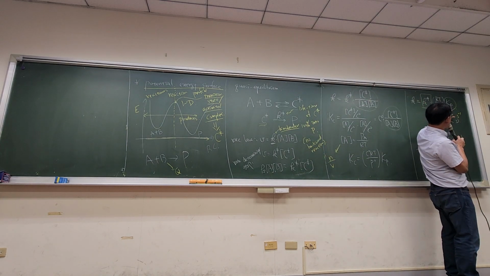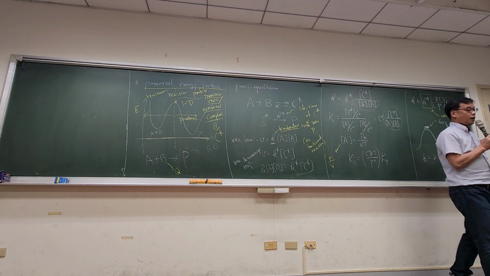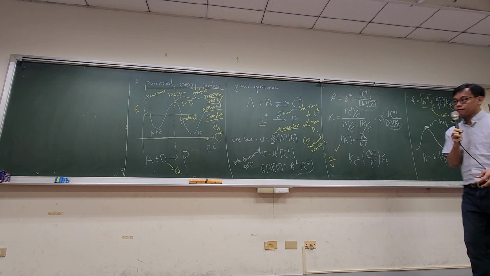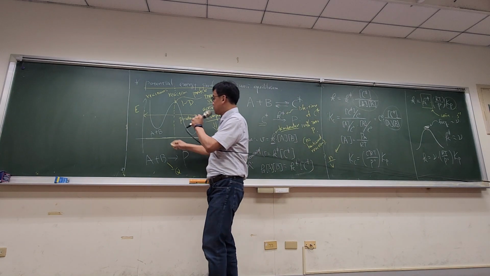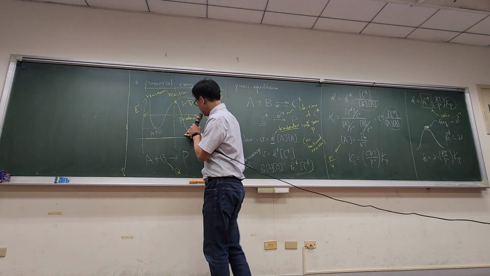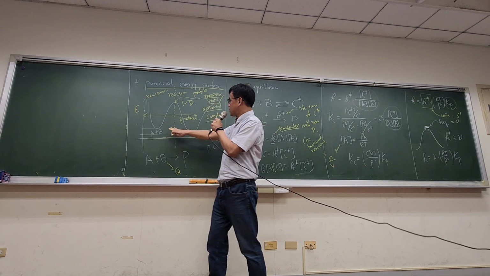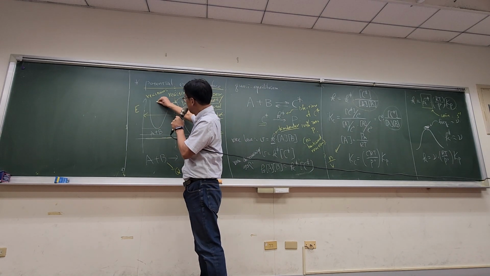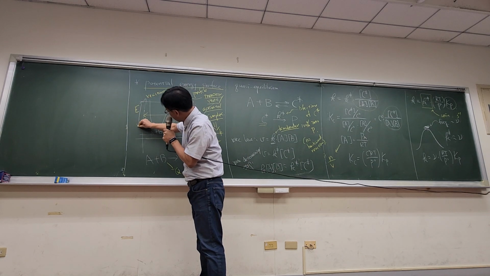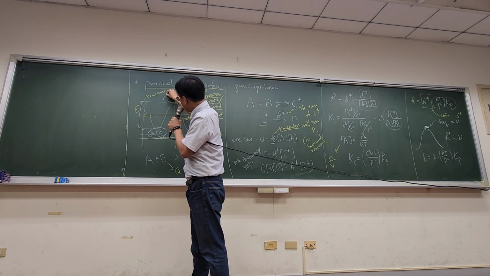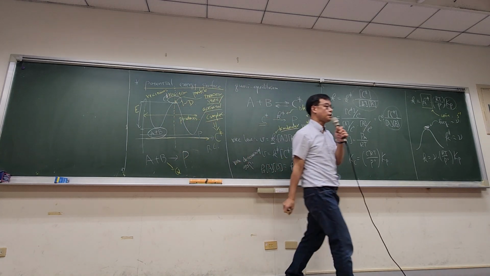Now let's calculate this part. And this part has to do with the internal partition function of the different species. Well, we need to define a few things first. Let's assume this energy, from here to here. So we need to compare A, B, and here is C double dagger. Here, the changing state.